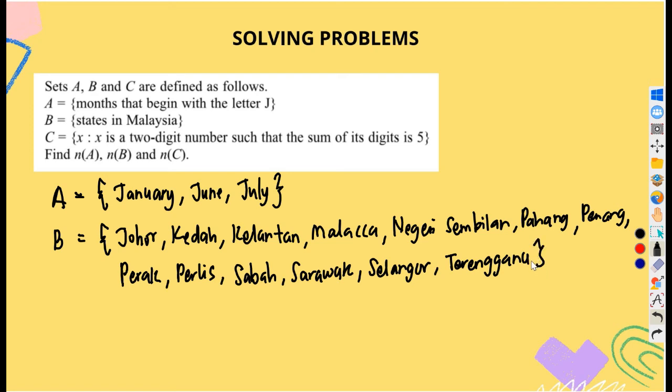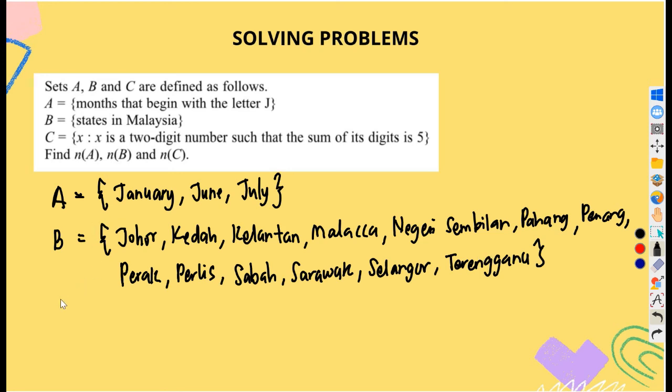So we count 1, 2, 3, 4, 5, 6, 7, 8, 9, 10, 11, 12, 13. So altogether there are 13 states.